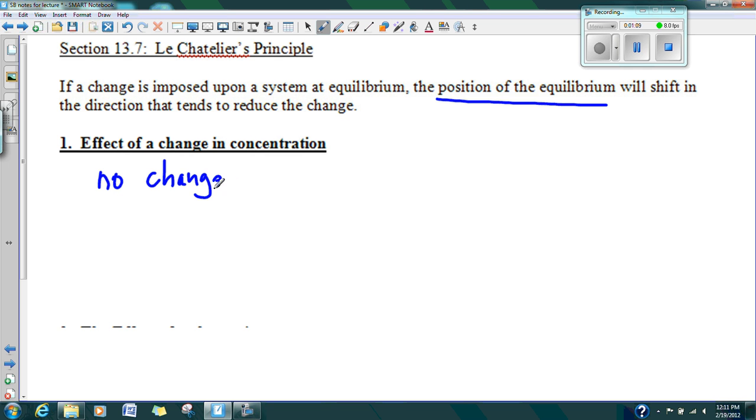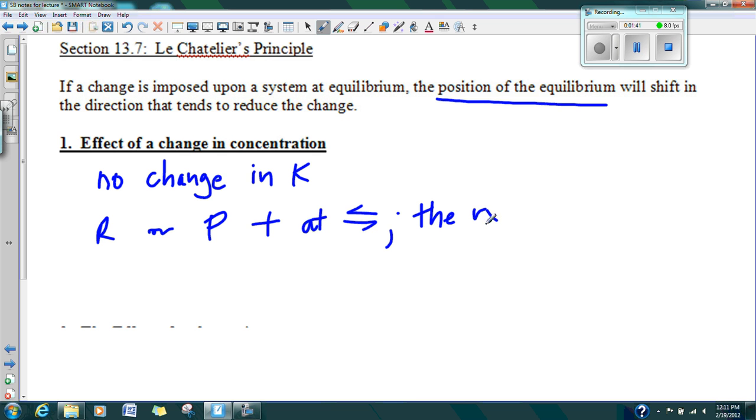There's going to be a change in the position, but there's not going to be any change in my K. So if I have a product or a reactant that's added to a system at equilibrium, the reaction will shift away from the material added.